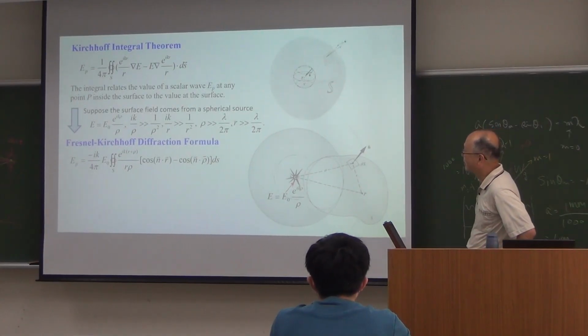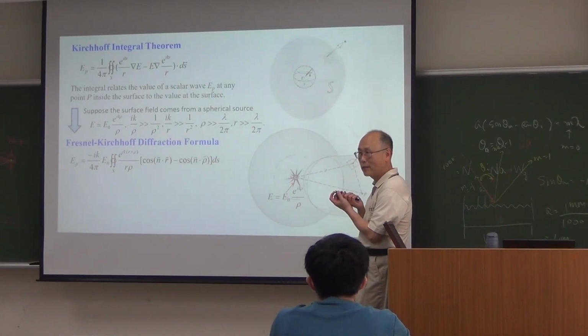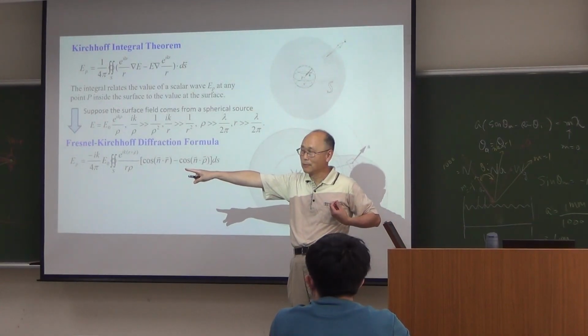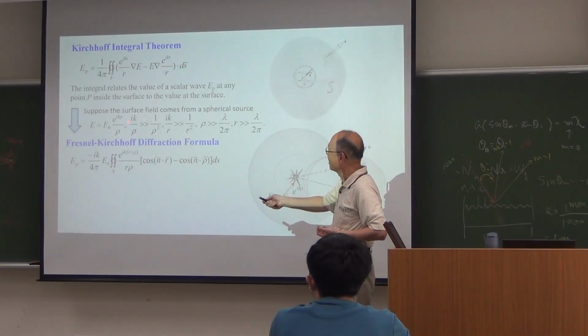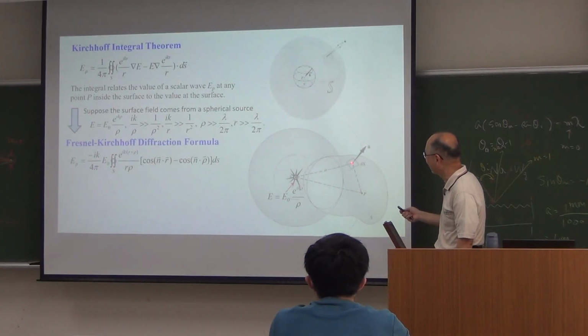All right, let's do some approximation because the wavelength of this guy is about submicron, very, very teeny. I'm talking about a distance that is meters. So I can do this approximation for sure. Rho is the distance from this surface point to this source. R is the distance from this surface point to the point of interest.